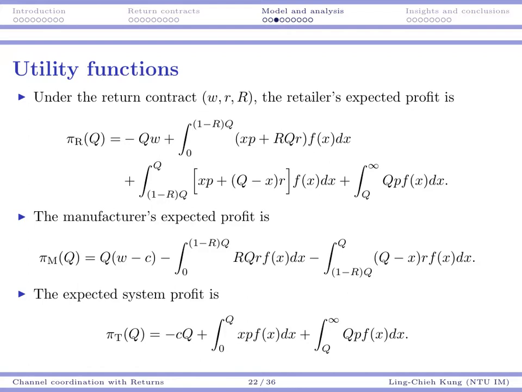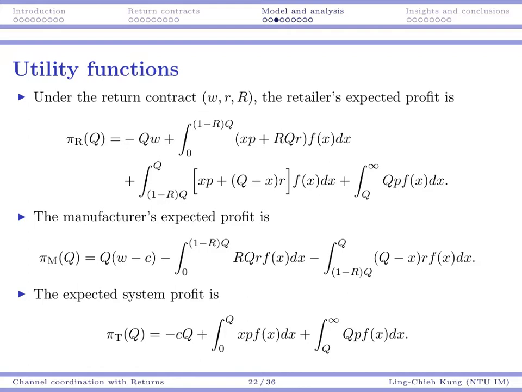Okay, so what are they? My sales revenue can be found here, those terms that are multiplied with the retail price p. At the same time, I may also earn some money by returning my unsold products to the manufacturer. Those are obtained with these small r terms. Okay, so we have here, here, and here as the sales revenue, and here as the return credits.